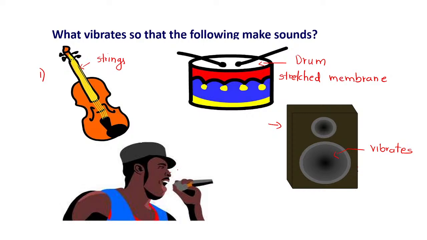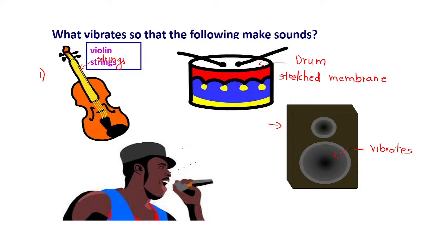Do you know how human beings produce sound? How are we producing sound? Do you know the answer behind the cause of sound production in human beings? In human beings there are vocal cords. We are going to understand how sound is produced by human beings in a little more detail right now.